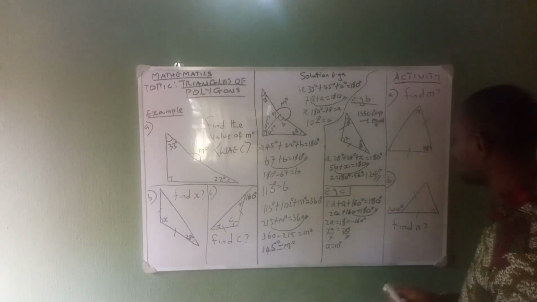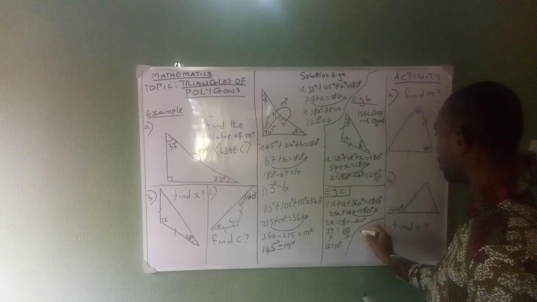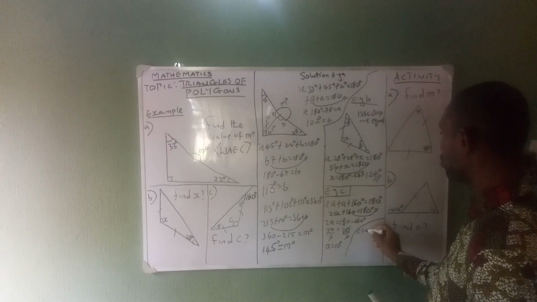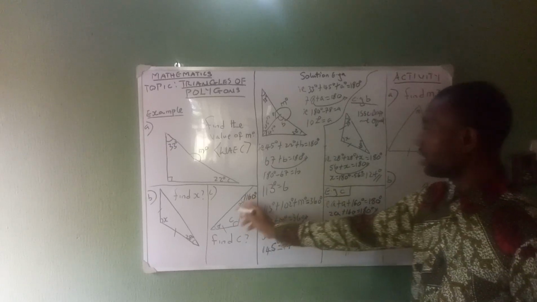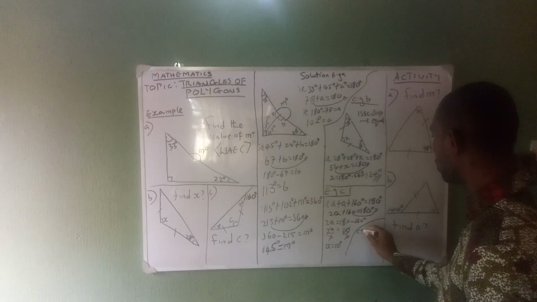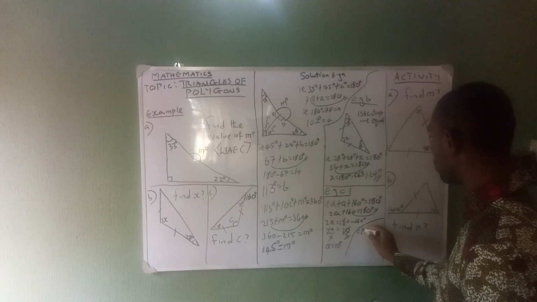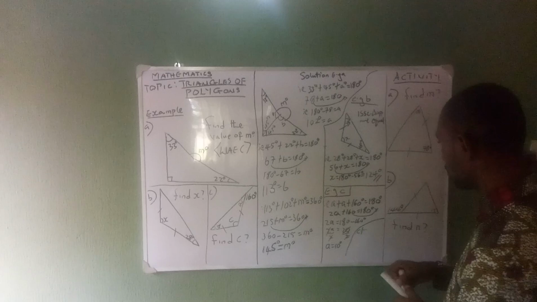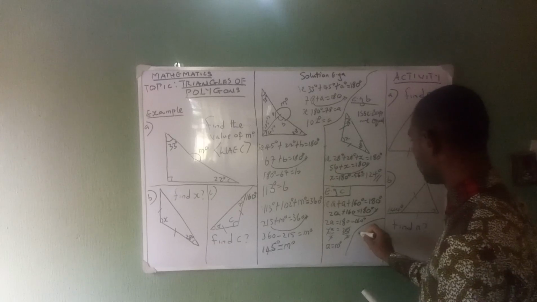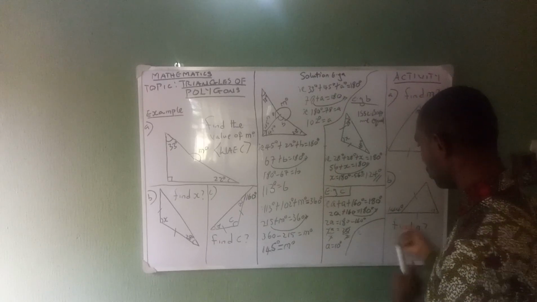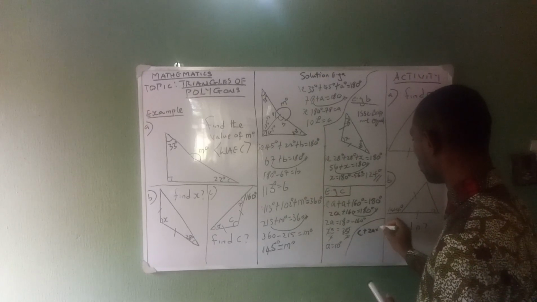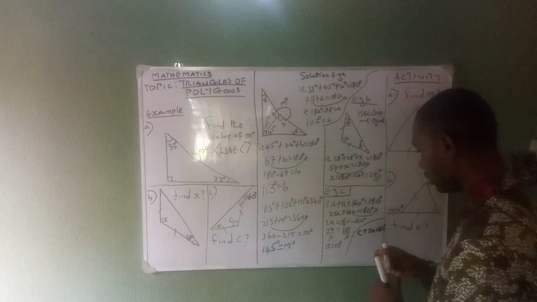And to get our C, we'll have that C plus 2A, because the 2A is the sum of these two angles, equals 180 degrees.